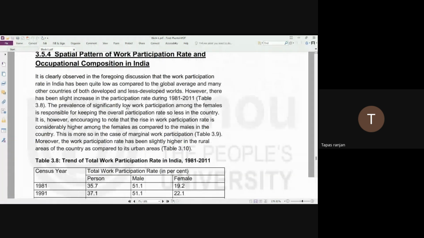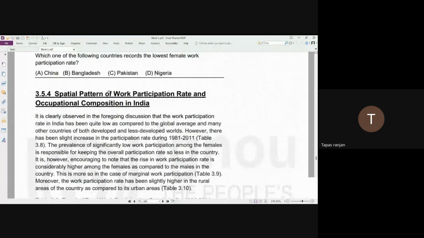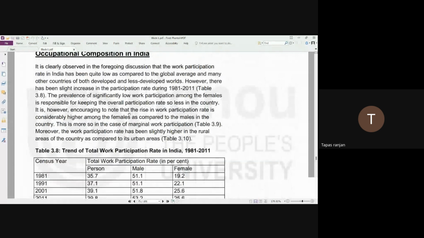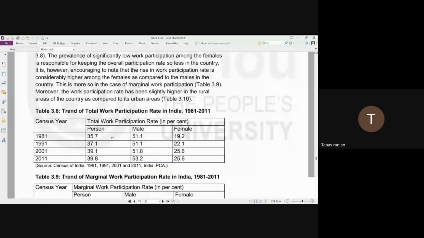So this is about the occupational composition in India. You can have a look at this table, and you can clearly see the trend. The total work participation rate is basically how many people participated in work or did a job.